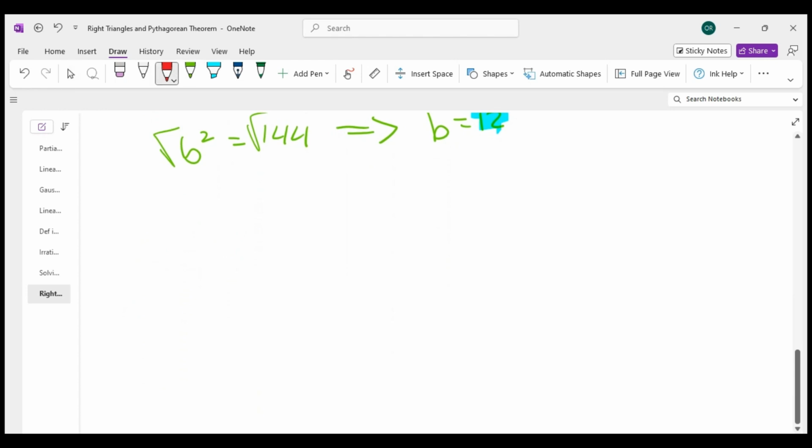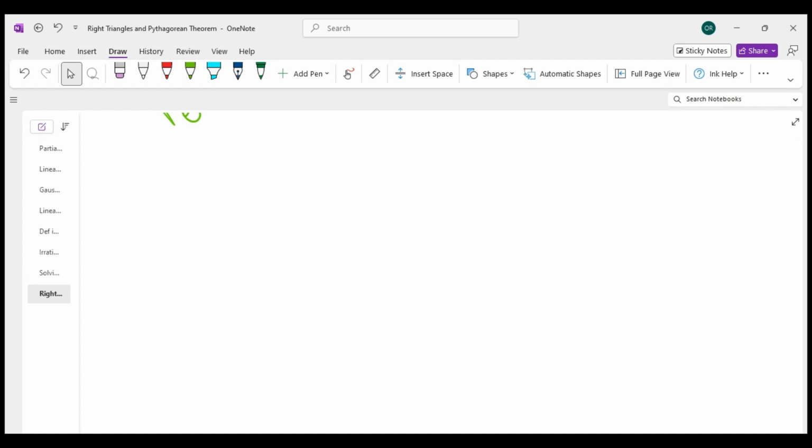So let's go ahead and do one word problem. This is just going to be a really simple one, just so you guys can get a sense of how it would look spread out. So let's say that we have a ladder that's leaning against a wall. So here's our wall. The bottom of the ladder is 9 feet from the wall.